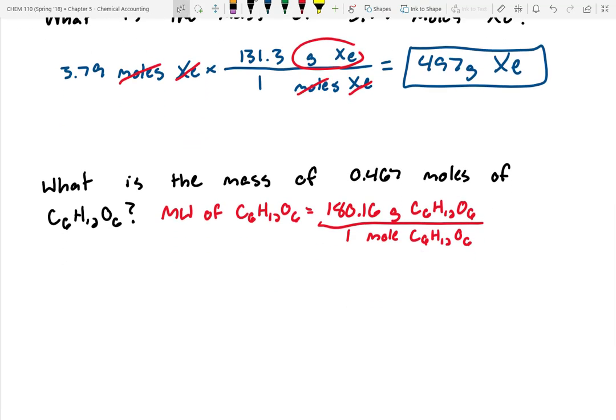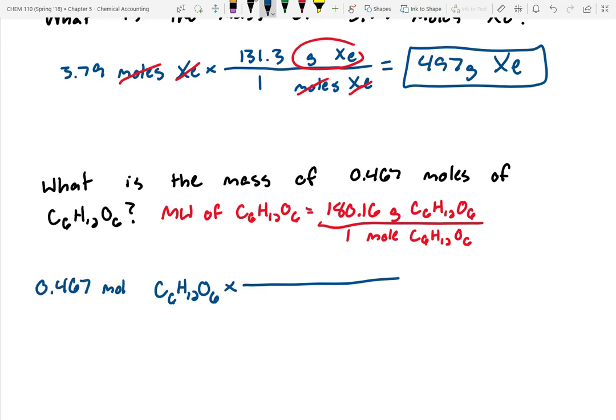Let's do the next one. We know we're starting out with 0.467 moles of glucose, which is C6H12O6.